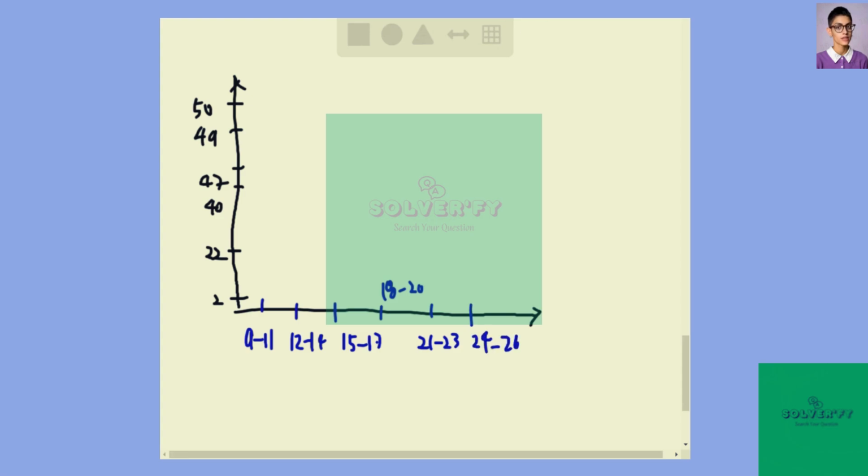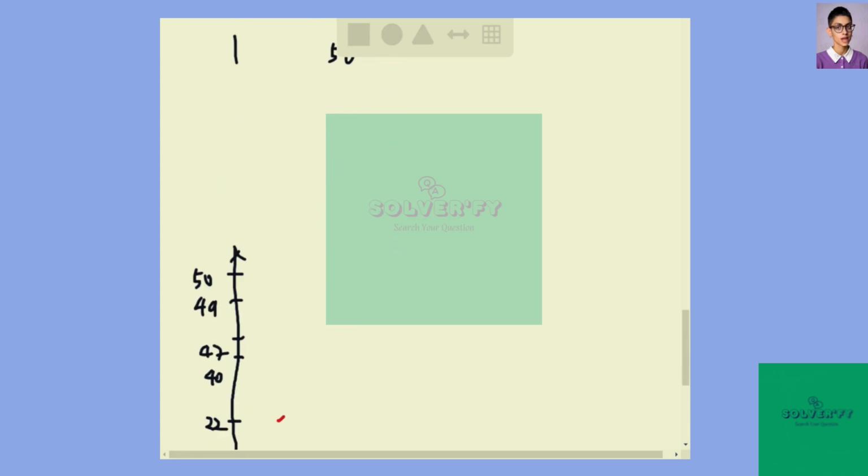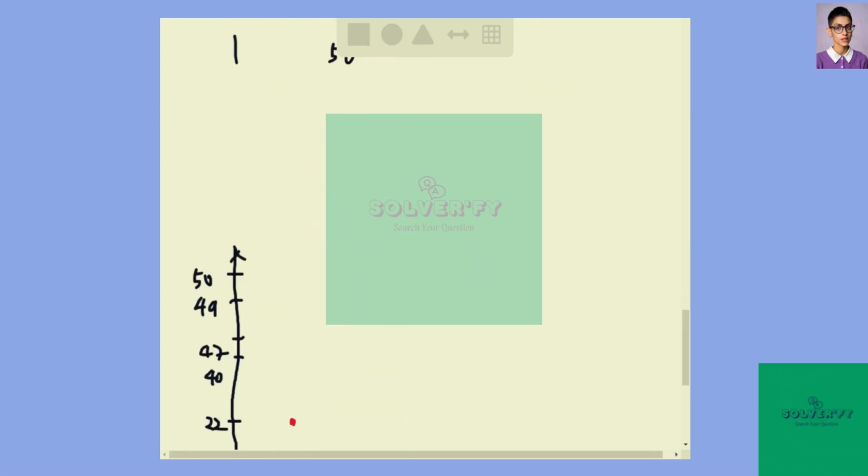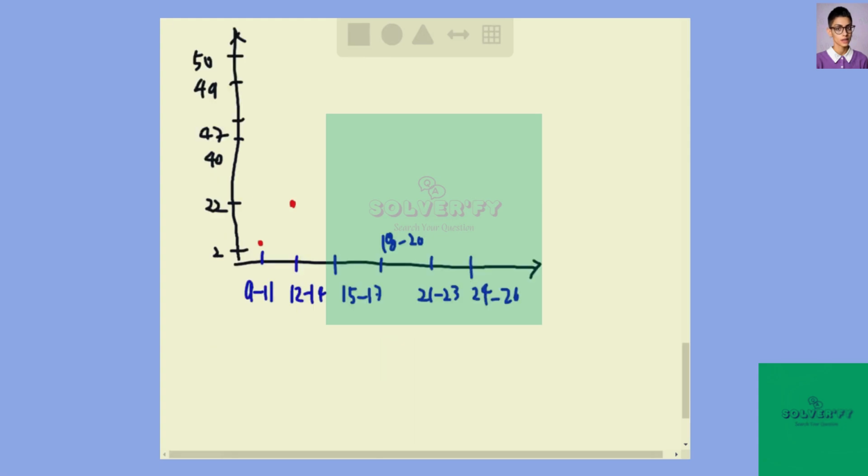Now let's construct. Okay, so here, 9 to 11, we had 2. 12 to 14, we had what? 12 to 14, we had 22. So 22. 15 to 17, we have how many? 40. So 40 should be here.